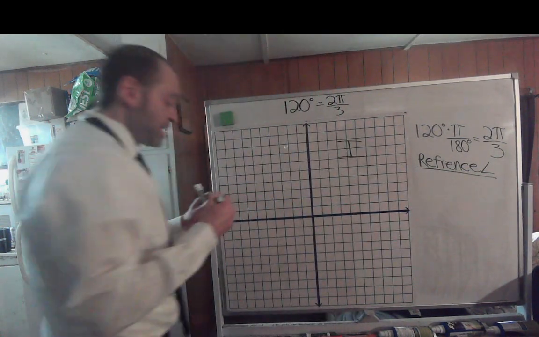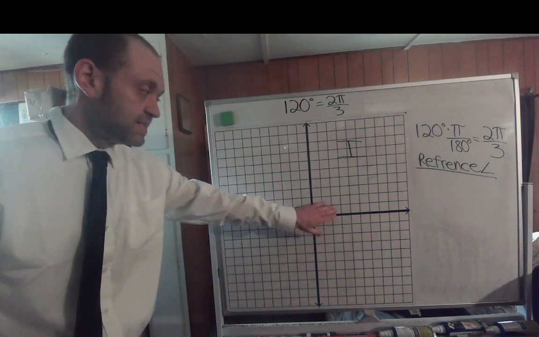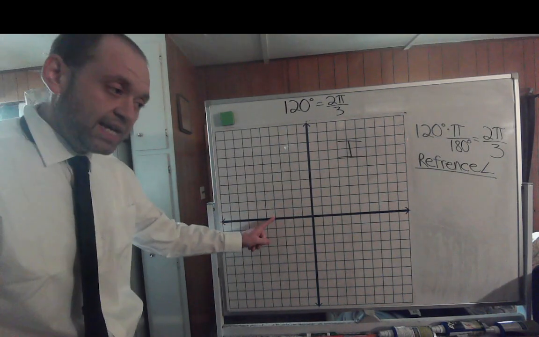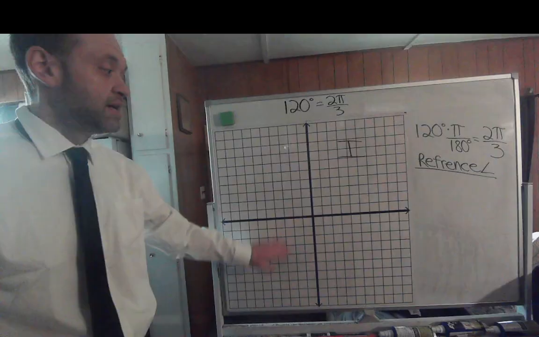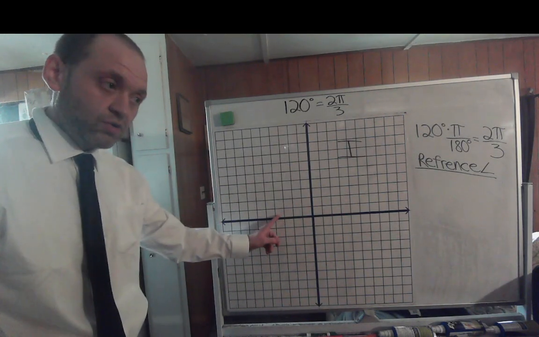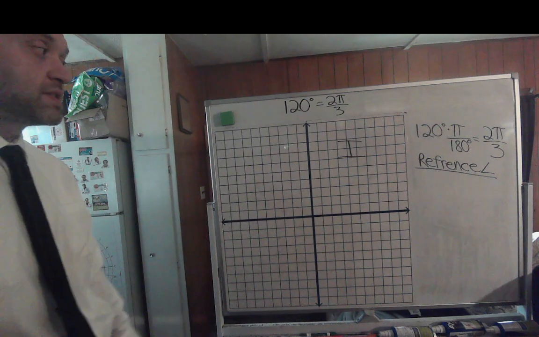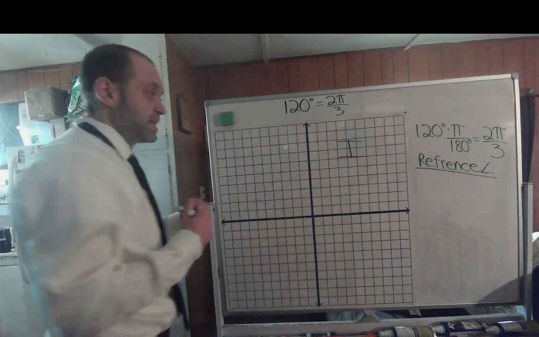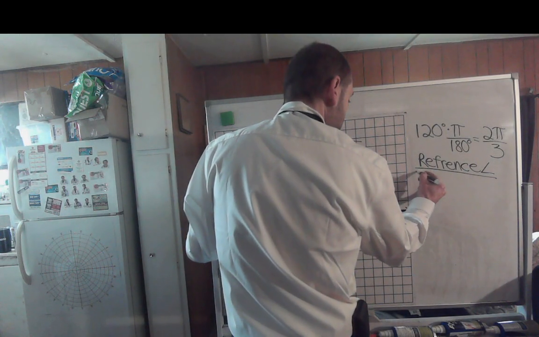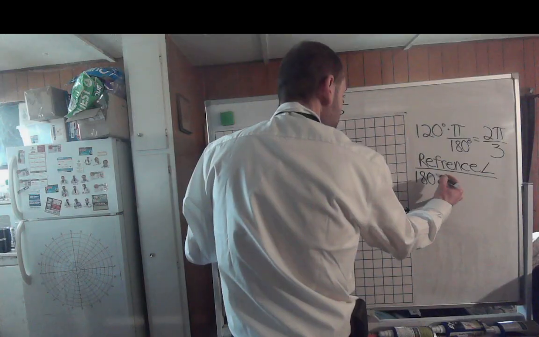So if you're in the second quadrant, I think it's plain to see that if you go all the way to the negative x-axis straight back, that would be 180 degrees, because you would have a straight angle. So if you're in the second quadrant, to find your reference angle, you're going to take 180 degrees minus your degrees.